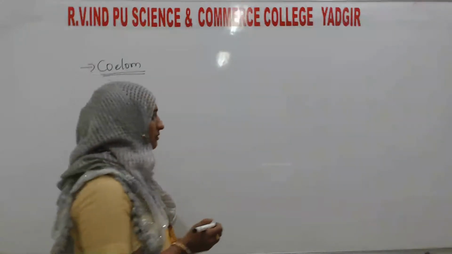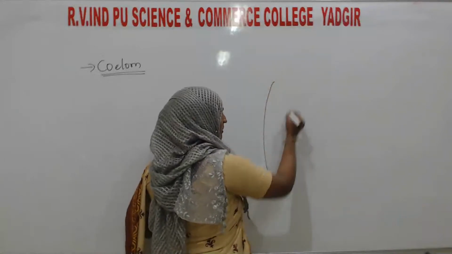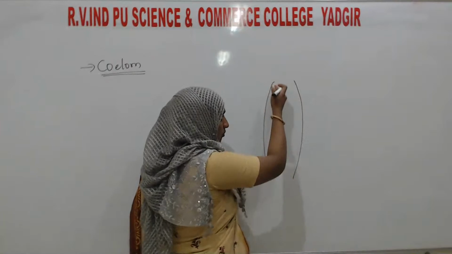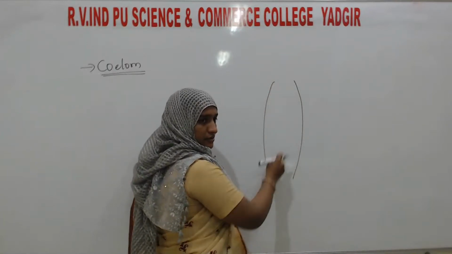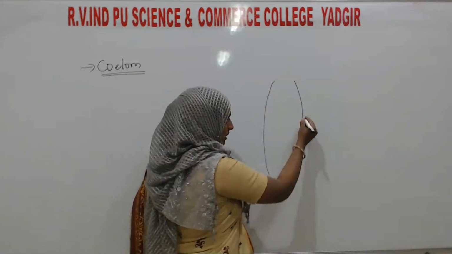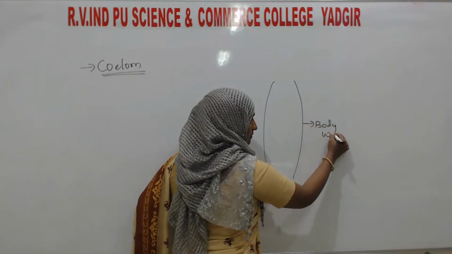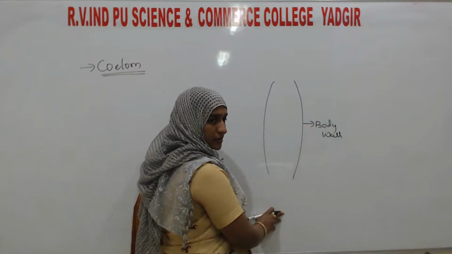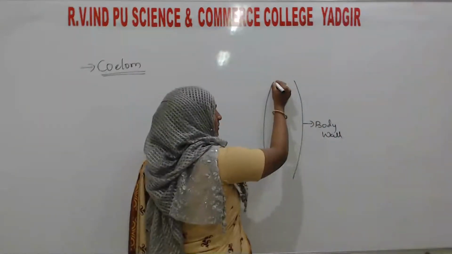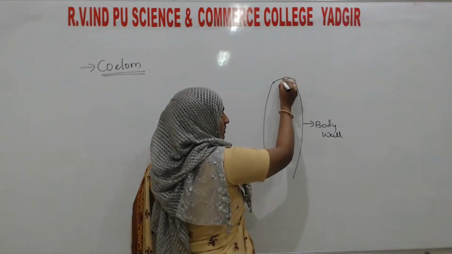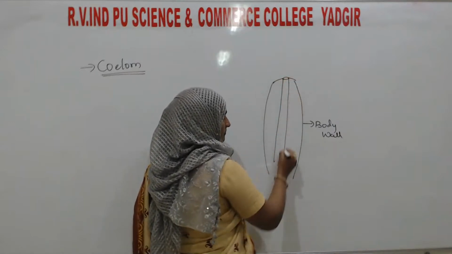See here, this is the animal. This is the body of the animal, and we can call it the body wall. The next one: here is the mouth, and this is the gut.